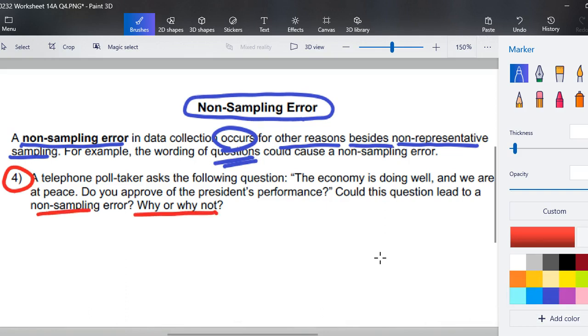Why or why not? And remember, the wording of our questions could cause a non-sampling error. The answer is yes. The poll taker has clouded the judgment of the respondents by pointing out positive details and not staying neutral. So the resulting answers may not reflect the respondent's true feelings.